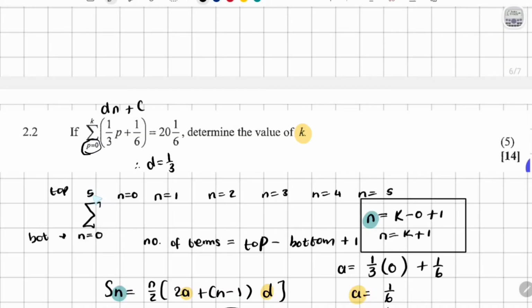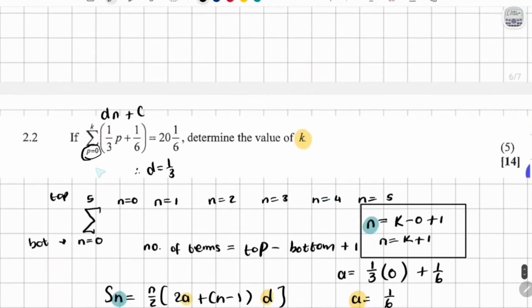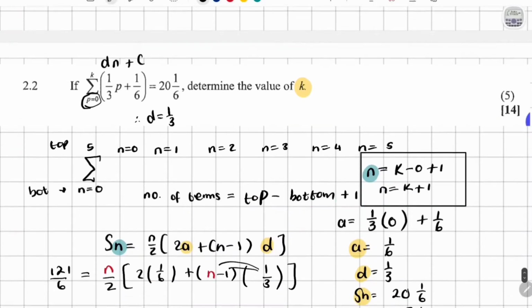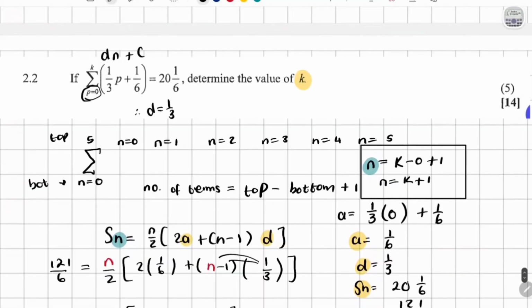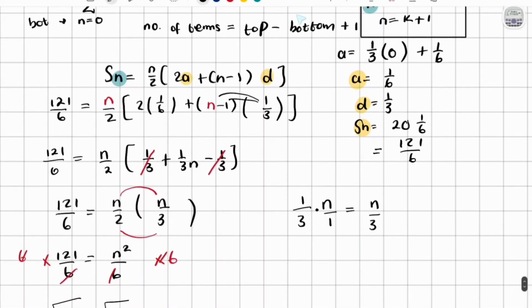Like here, total number of terms is 6. But we are ending at 5. So just be careful with that. Remember what everything stands for. This is where you start. This is where you end. You know how to find how many terms there are now. And know that the number of terms, okay, in that Sn formula, that's what the n here stands for. Okay, so that is it for question 2. And then we will move on to question 3.